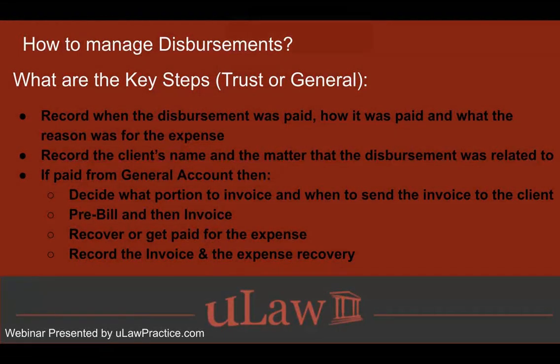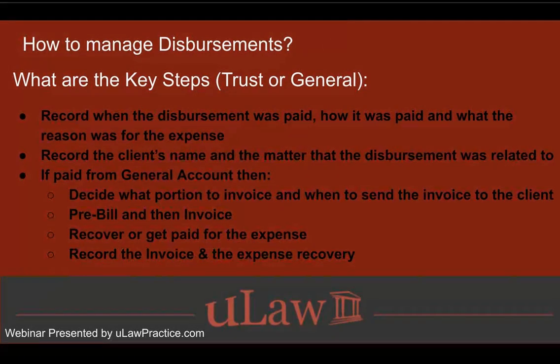And when you come to managing the disbursement, some key points to remember here is that when you record a disbursement, make sure that you know who paid for it, how it was paid, what was the reason, so the description and other things. Most importantly, record the disbursement under a client's name and matter, rather than recording it outside.